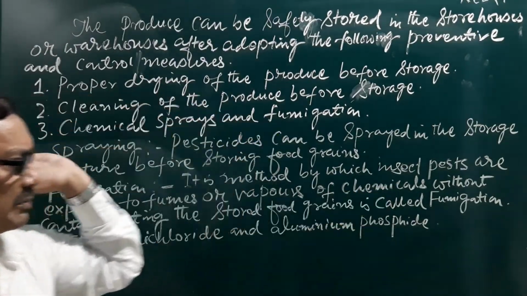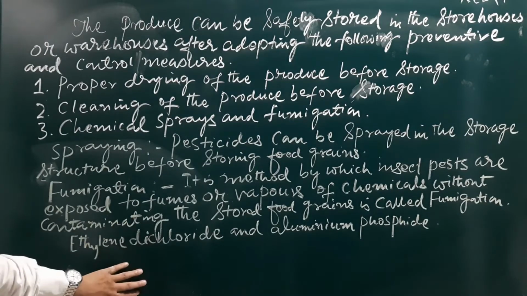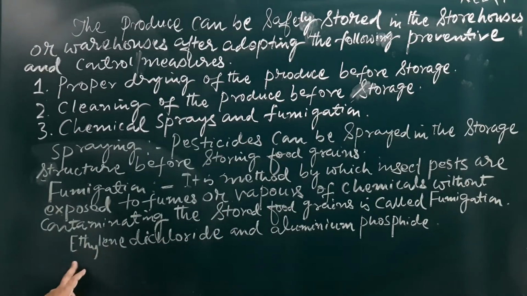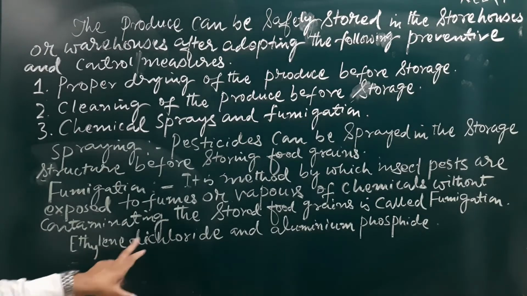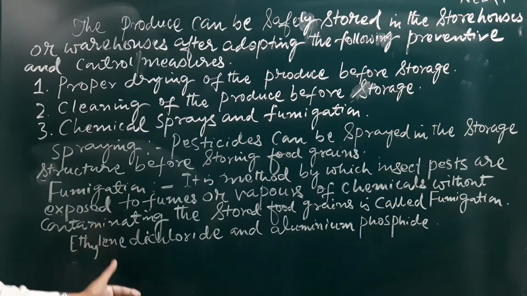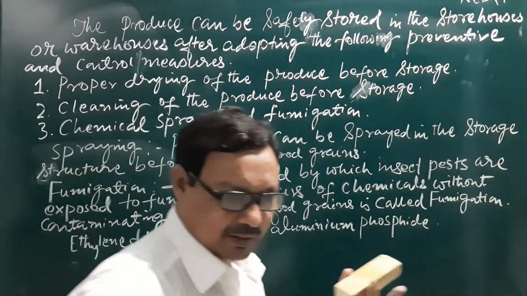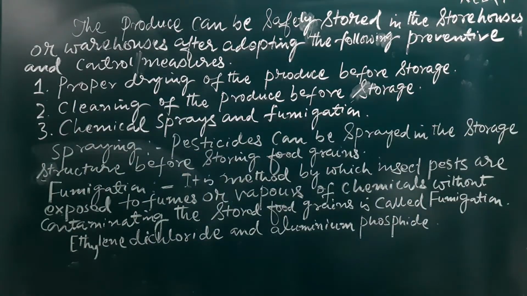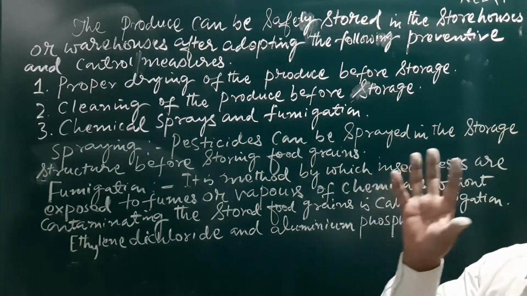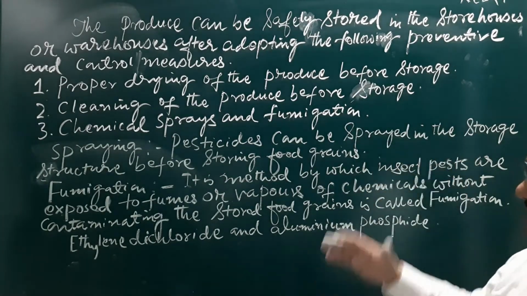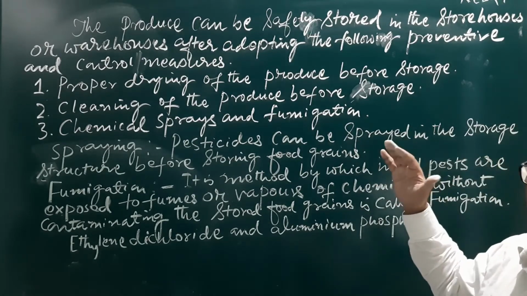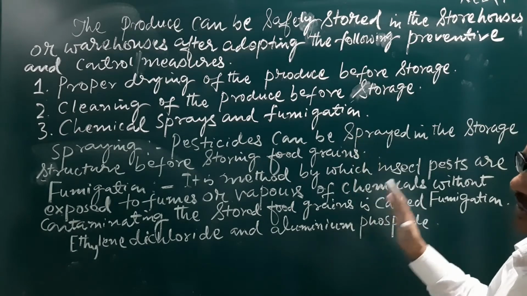The chemicals used in fumigation are ethylene dichloride and aluminum phosphide. So these are some measures that will be taken before storing the food grains in the different storage structures. That is also a part of the protection management, and this is the last part of the protection management.